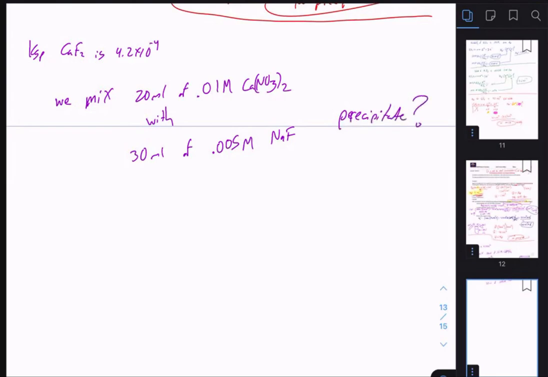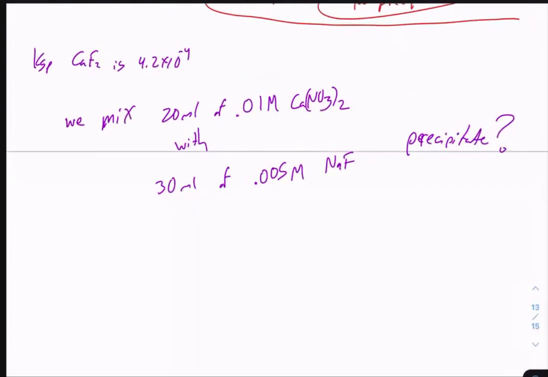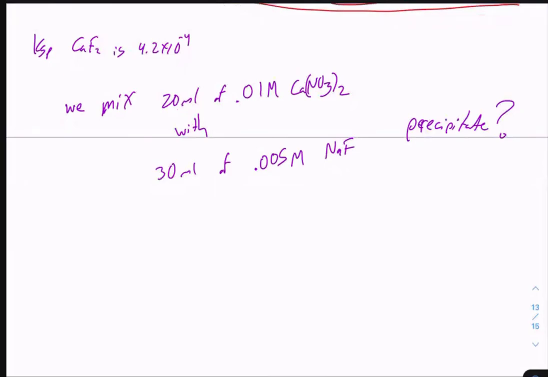Will a precipitate form? Okay, so this is what I am dealing with. I'm going to write my equation. The Q expression will look like this.